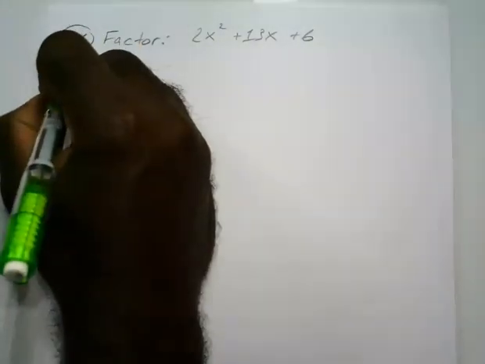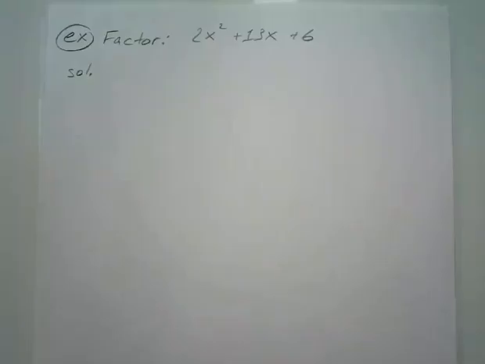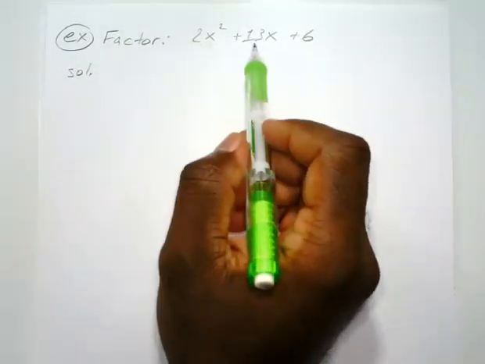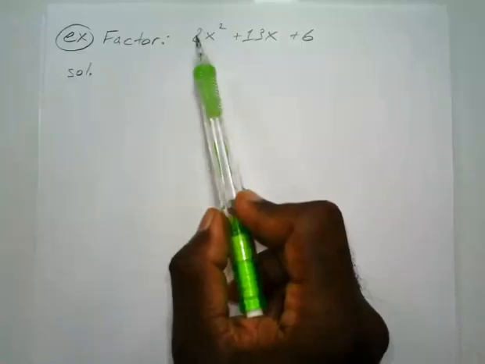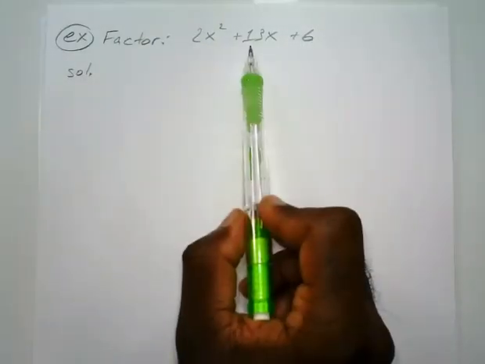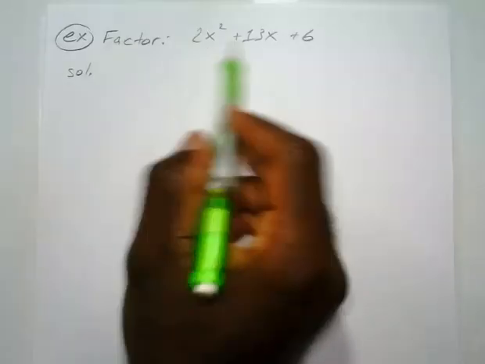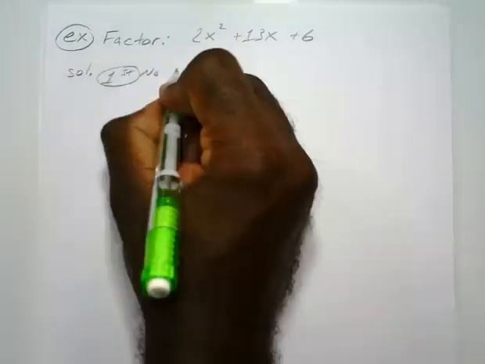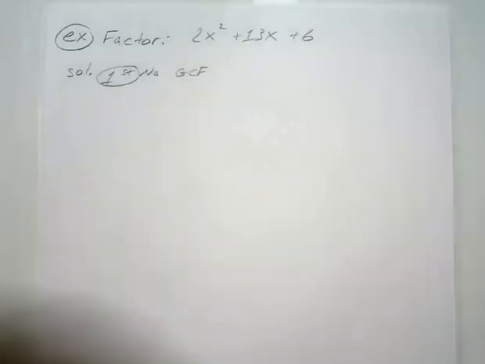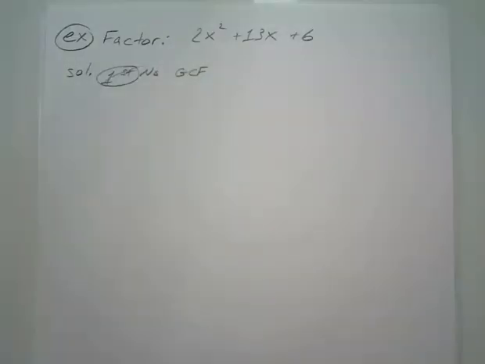And again, we don't have anything we can factor out of all three terms. We can factor 2 out of the first and last one, but we can't do it on this one. But we have to be able to factor out of all three. So your first step, there's no greatest common factor, so we can skip that first step.